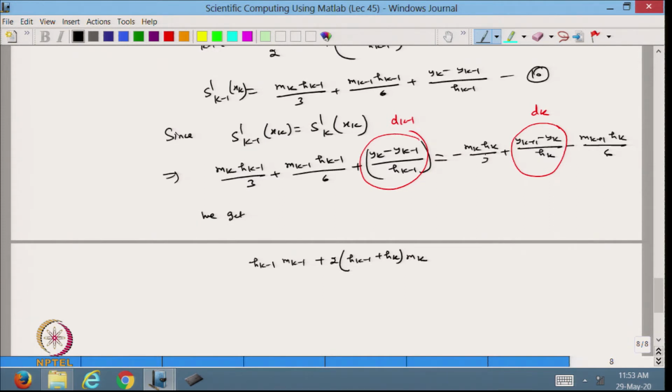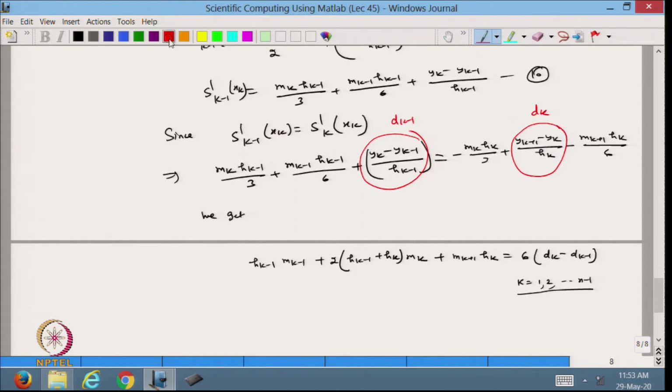This value I am taking on the left side, so this will be hk plus hk minus 1 by 2 times mk, and plus this value I will take on the right hand side. So this will be equal to mk plus 1 hk, that is equal to 6 times dk minus 1. This is true for all k from 1 up to n minus 1.